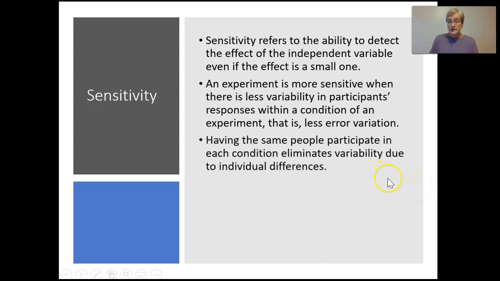So another way of putting that is that by having the same people, all participants in every condition, it's going to mitigate the impact, at least potentially, of those individual differences, and it eliminates the need for matching. It eliminates the need for even random assignment to groups.